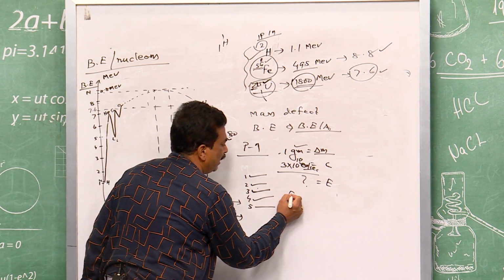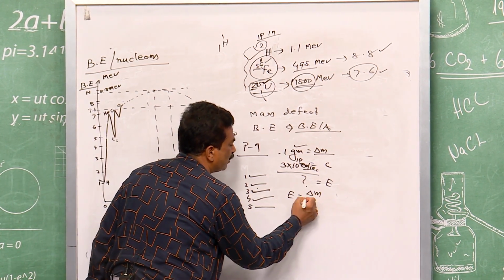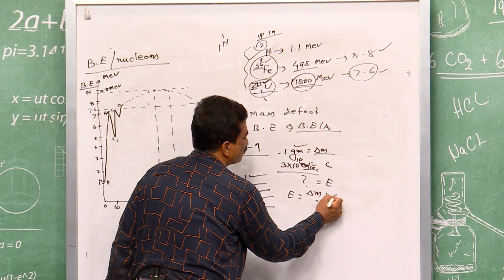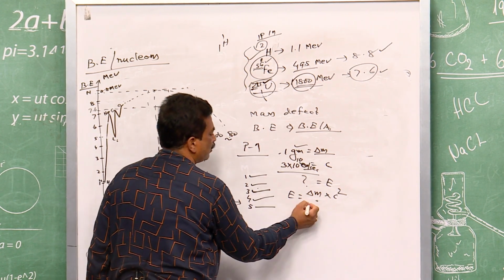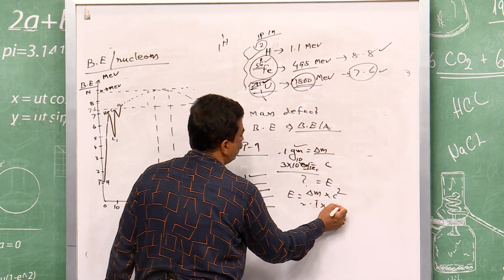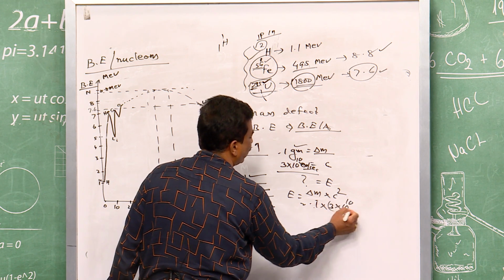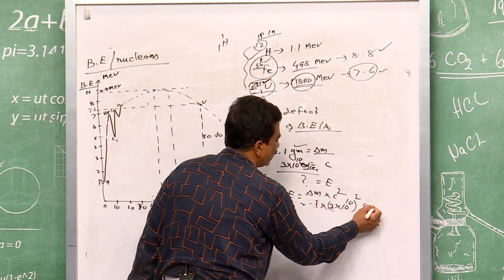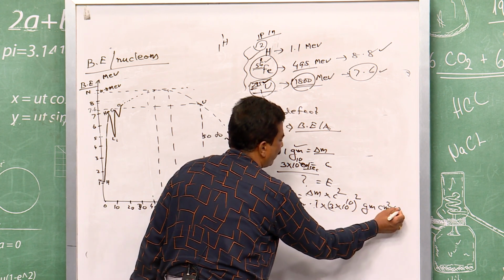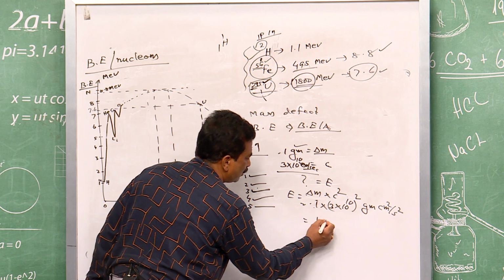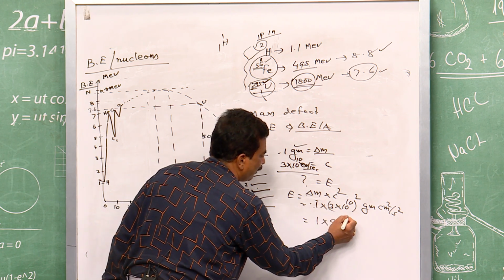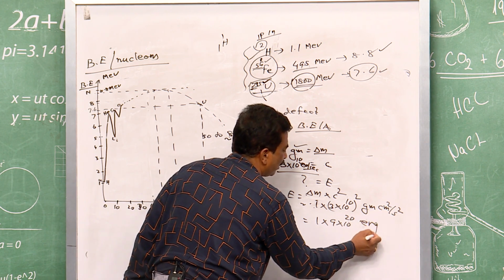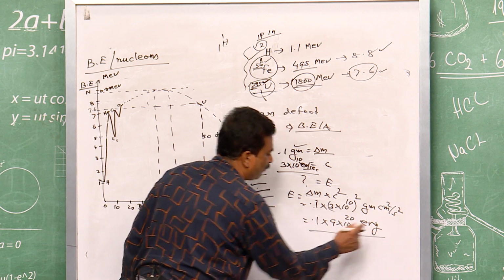So, for E you have to put E equals delta M C square. The delta M value is 0.1, and the C square value is 3 into 10 to the power of 10, squared. Delta M is in gram and this is in centimeter square per second square. So, this equals 1 into 9 into 10 to the power of 20 gram centimeter square per second square, which is equal to erg.